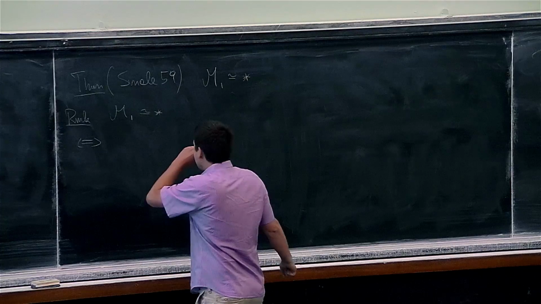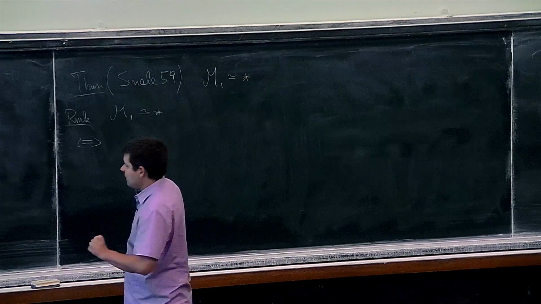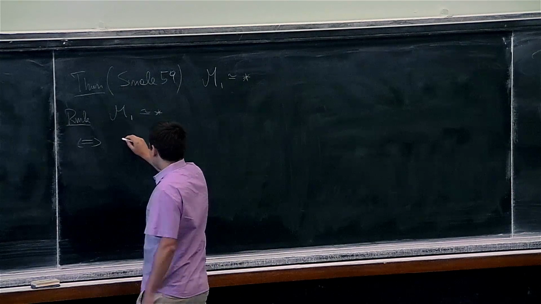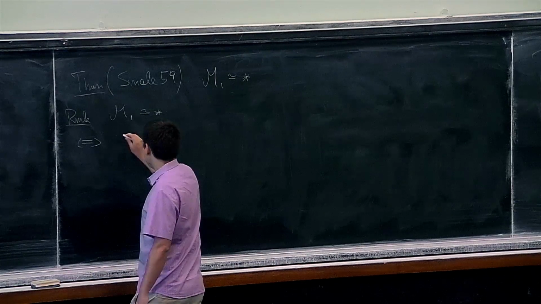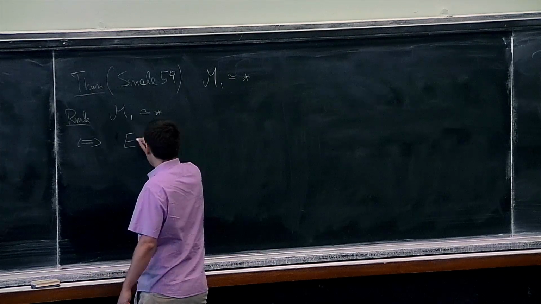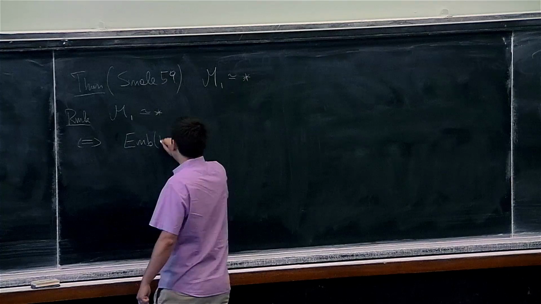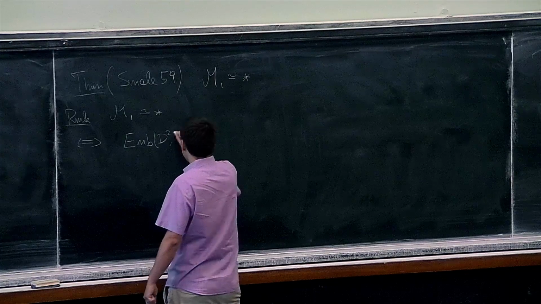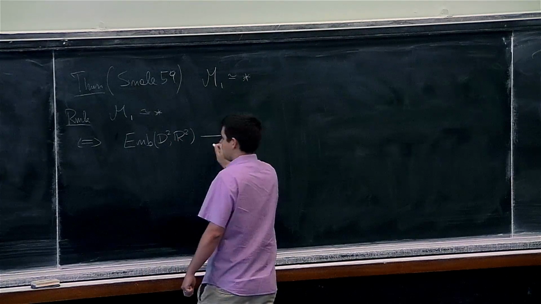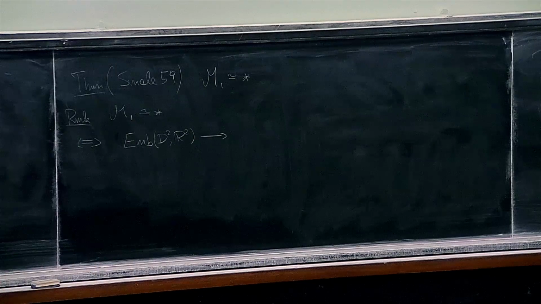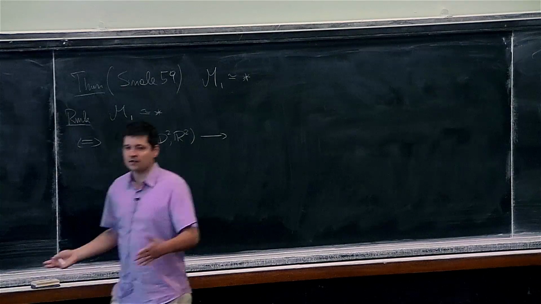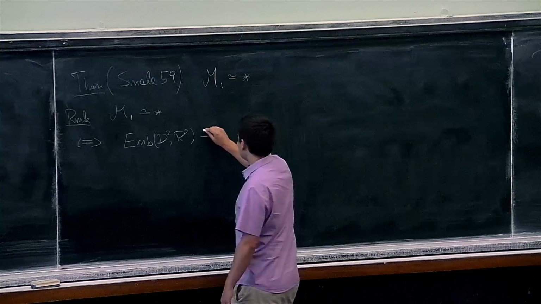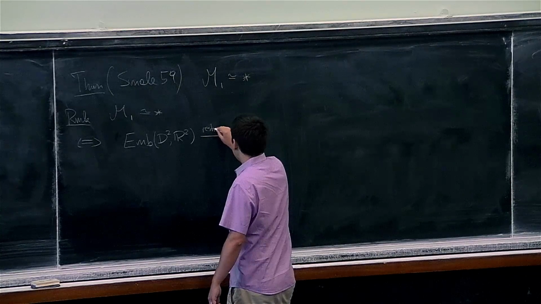So, right, maybe to get started, we have embeddings of the two disk into R2, and embeddings of S1 to R2, and they're related just by the restriction map. So that's the restriction map.